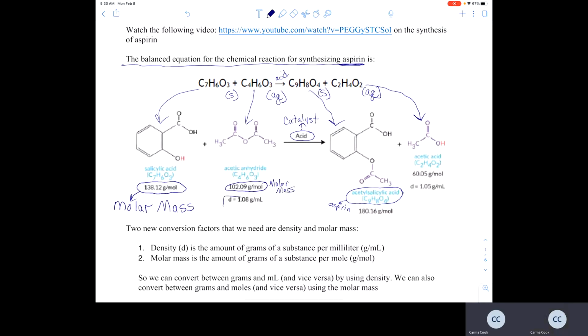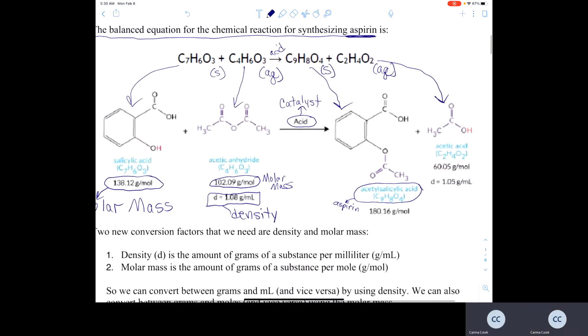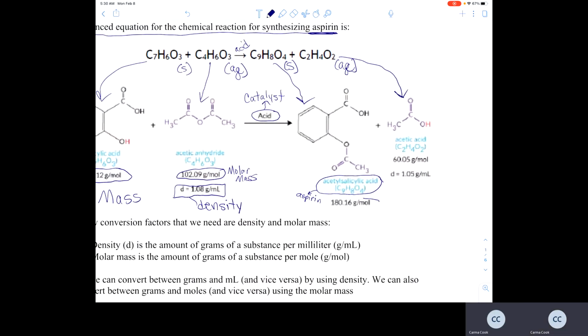You also see another number down here for acetic anhydride, and this is the density. Acetic anhydride has a density of 1.08 grams per milliliter. And then we're also given the molar mass for our solid product, aspirin, and the molar mass as well as density for our aqueous solution of the other product, acetic acid.